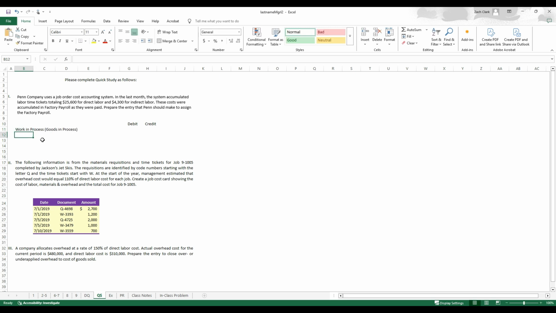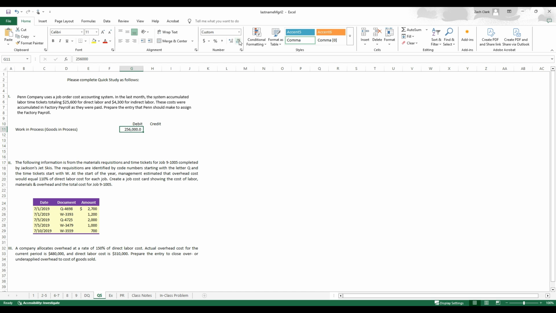Sometimes those are comparable terms. And for our direct labor, we know exactly how much is going to this specific job or jobs. 25,600.